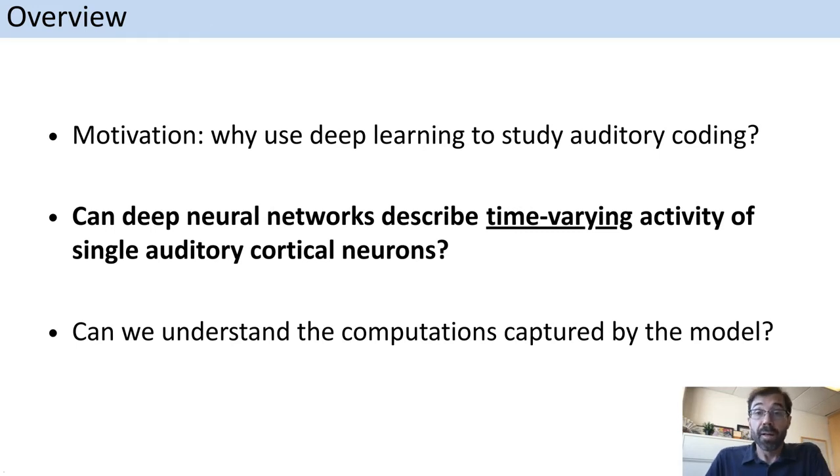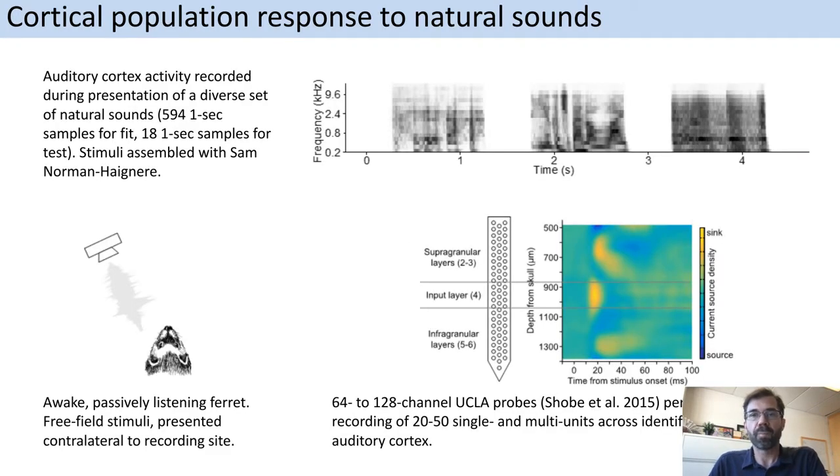So the next question here is, well, can we describe the time-varying activity of neurons in auditory cortex? Briefly, to describe our experimental approach, we were presenting a large library of natural sounds, about 600 different 1-second samples, as well as a set of repeated sounds used for model validation. We presented these to awake, passively listening ferrets using free field stimulation contralateral to the recording site.